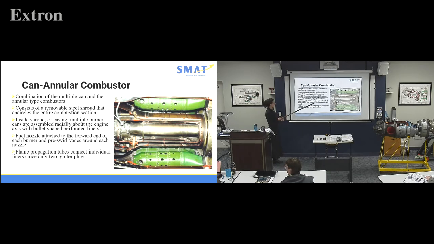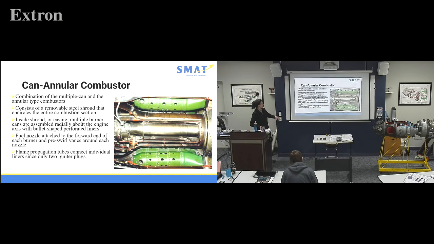Inside of that shroud, or casing or housing, that's coming the whole way around, are multiple burner cans. So instead of this whole thing having just one annular perforation, each can has its own perforated liner.